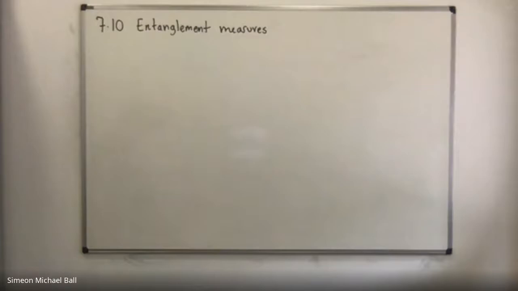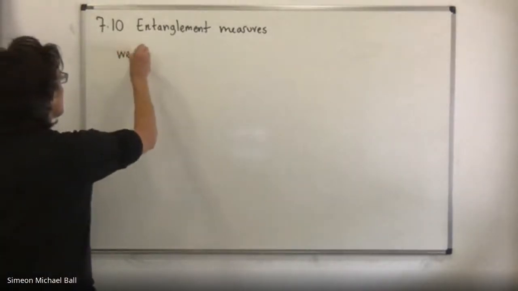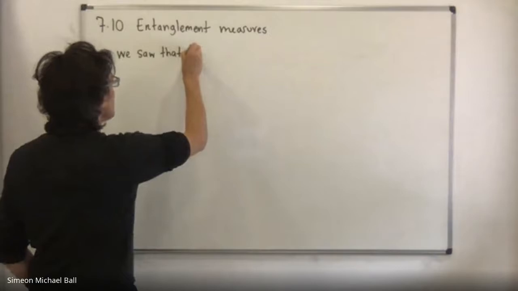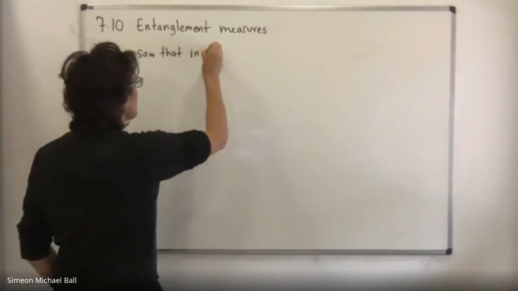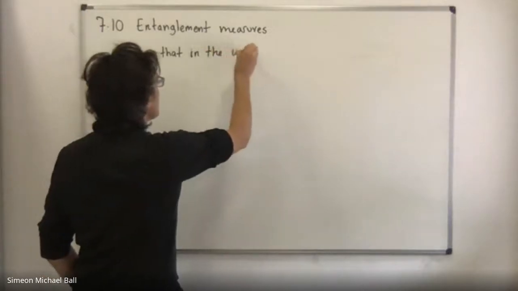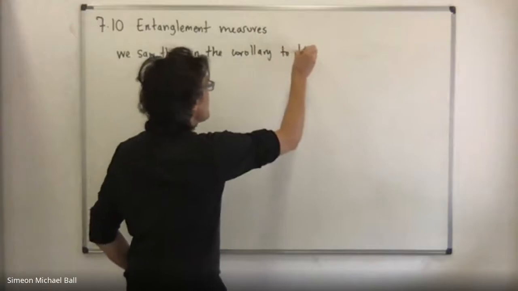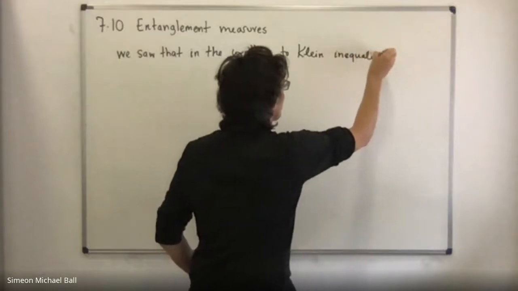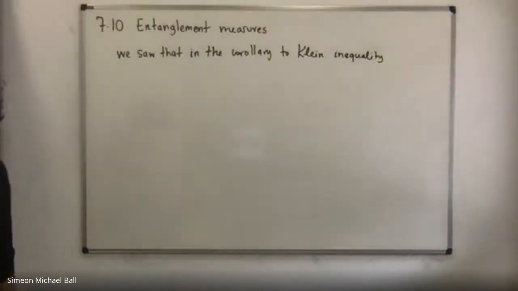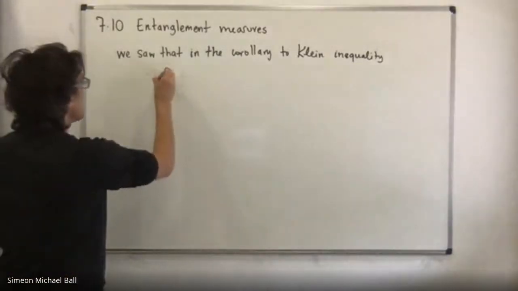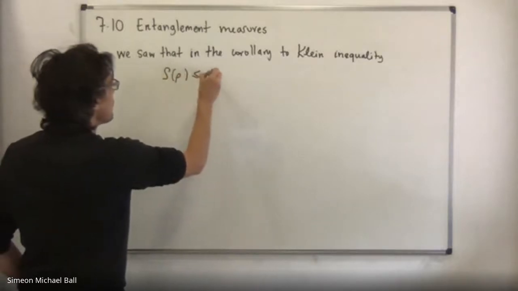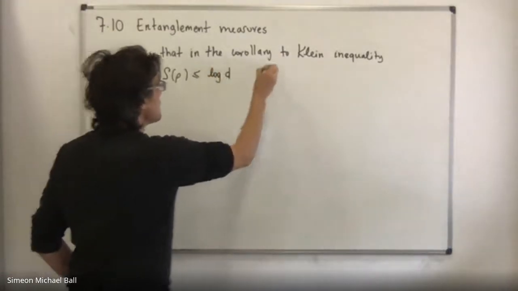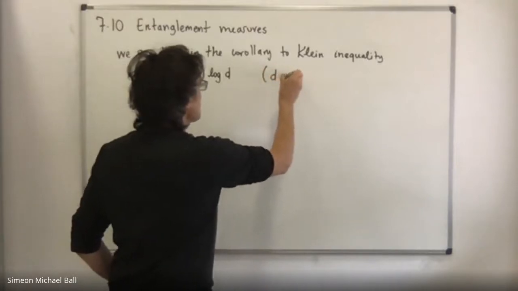We saw in the corollary to Klein's inequality that the entropy of an operator is less than or equal to the logarithm of d, where d is the dimension of that space.